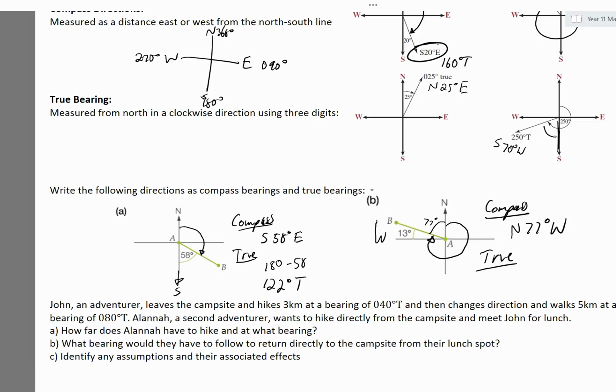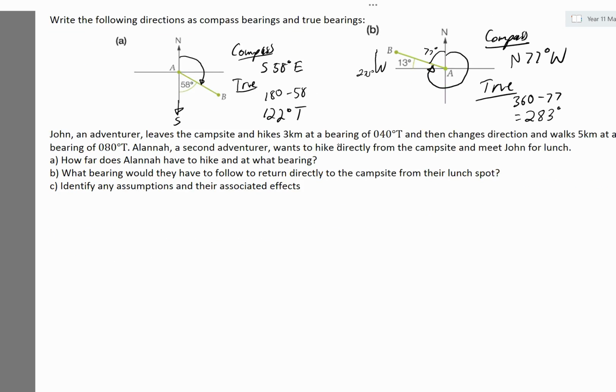Well, I'm not going the whole way around 360. I'm stopping short 77 degrees. So whatever 360 minus 77 is, which will give me 283 degrees. An alternate way of finding that would be just to go up here to 270 degrees and add 13. Okay, sure, I got it right.